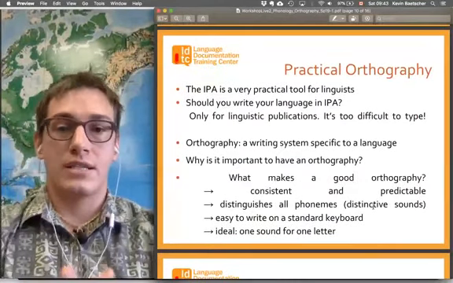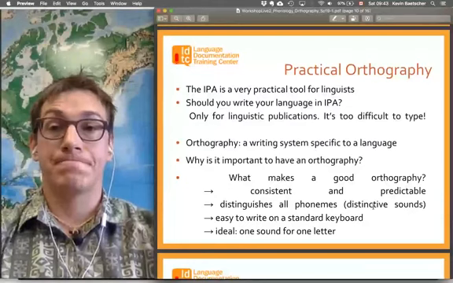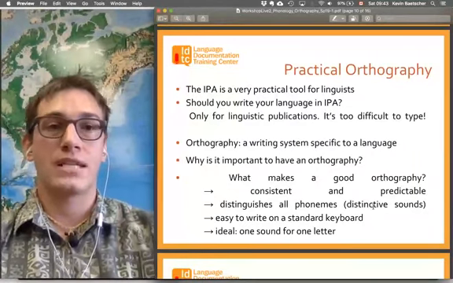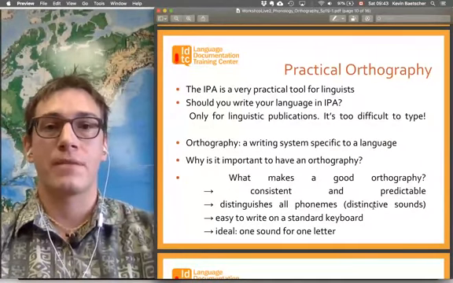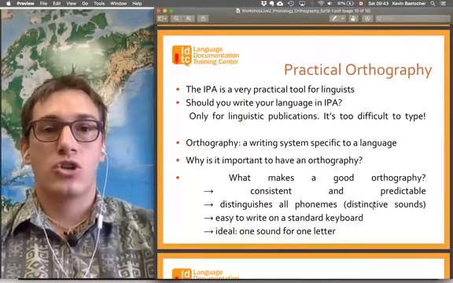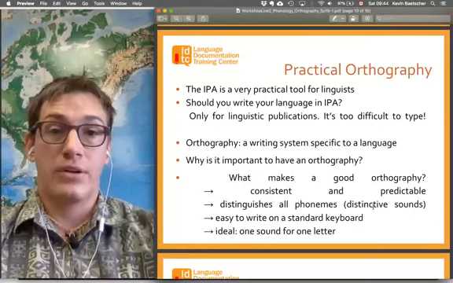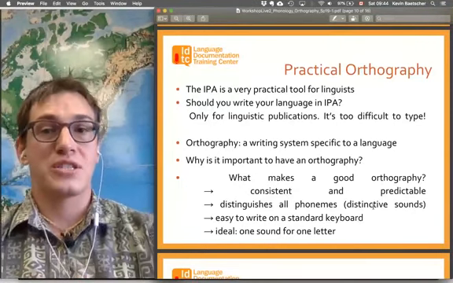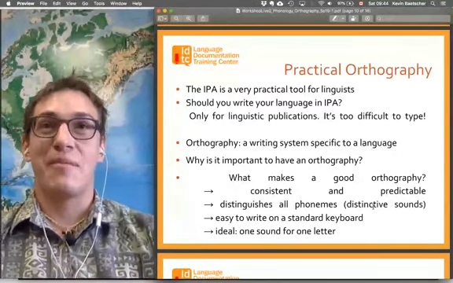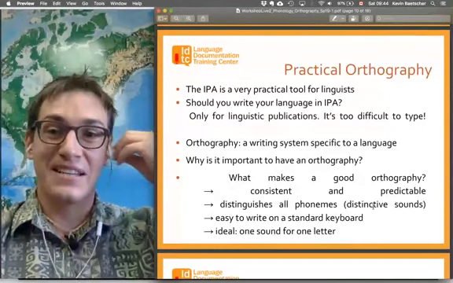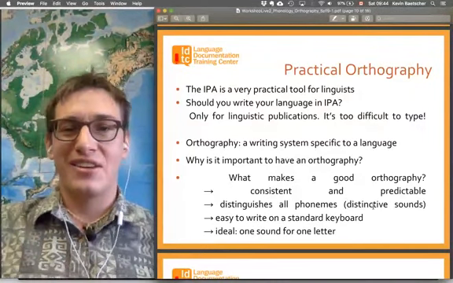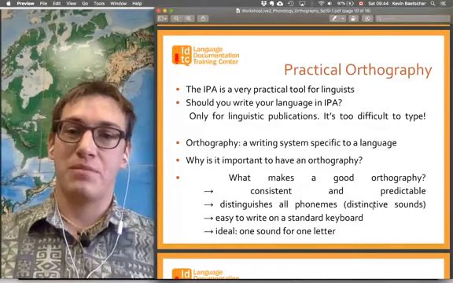So knowing this, having talked about the IPA and about the sounds of the world's languages, the question arises: should you use IPA to write your language? Well, of course, linguists will say yes, you should, because we like that, and it's very consistent and transparent. But really, you only need to use that for linguistic publications.